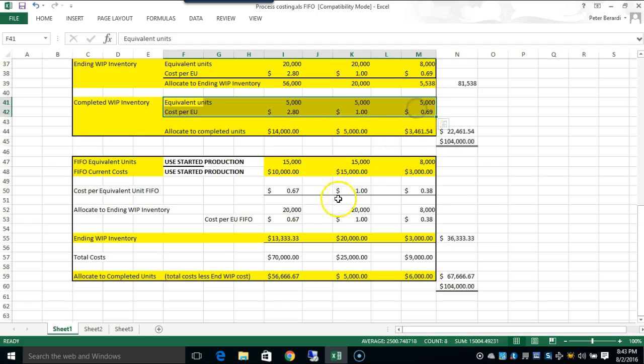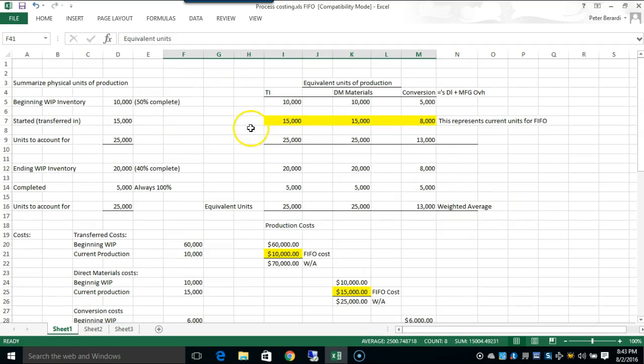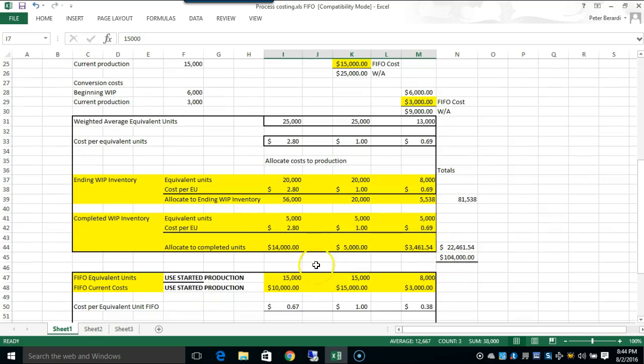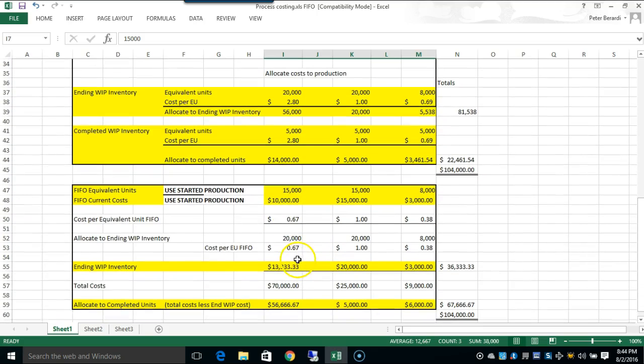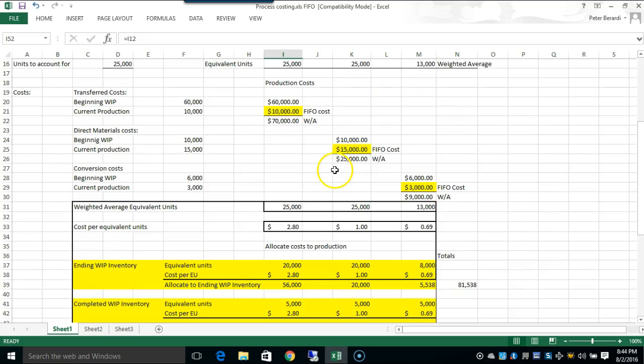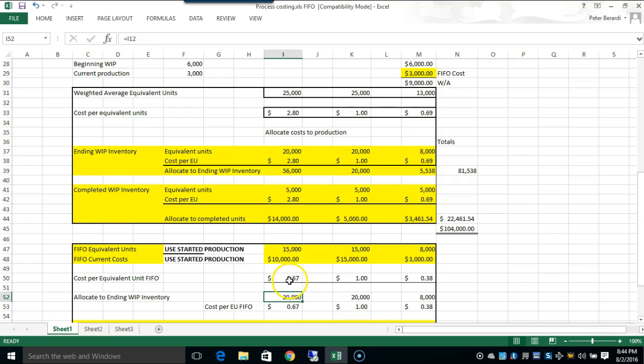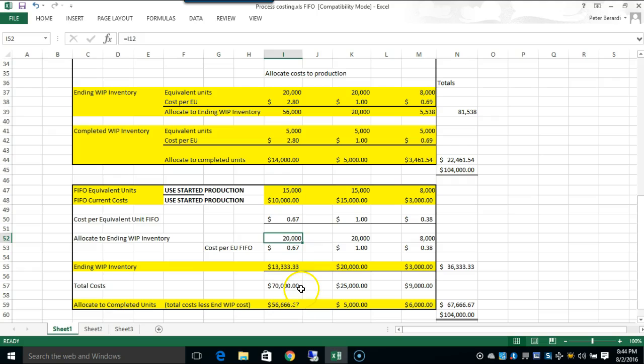FIFO is actually easier as long as you remember to stick with current equivalent units and current costs to get your cost per equivalent unit on the FIFO right here. You then take the WIP equivalent unit in ending inventory and multiply it by the cost per equivalent unit, and then back into your completed by knowing what your total costs are and subtracting the two.